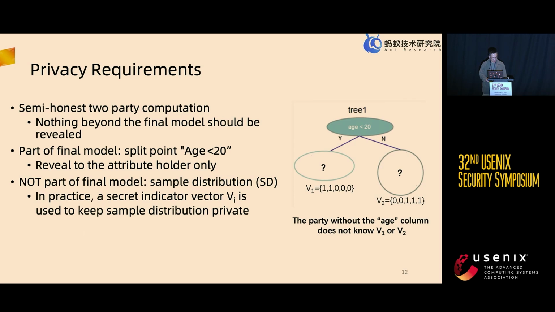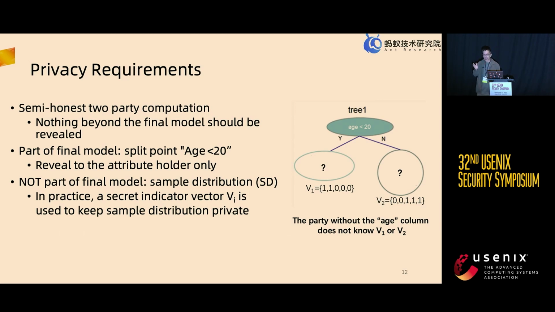The privacy requirement here is that we assume a semi-honest setting, and we will reveal the split point, like which attribute to use and which threshold, to the owner of that attribute only.